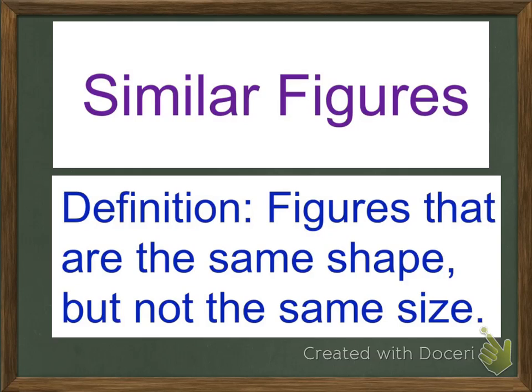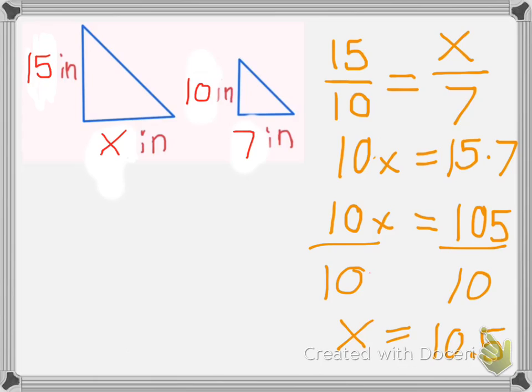Now on to similar figures. The definition of similar figures is that they are the same shape, but they are not the same size. So in this problem, the bigger triangle has a length of 15 inches, and the width of it is unknown, so it is an x.